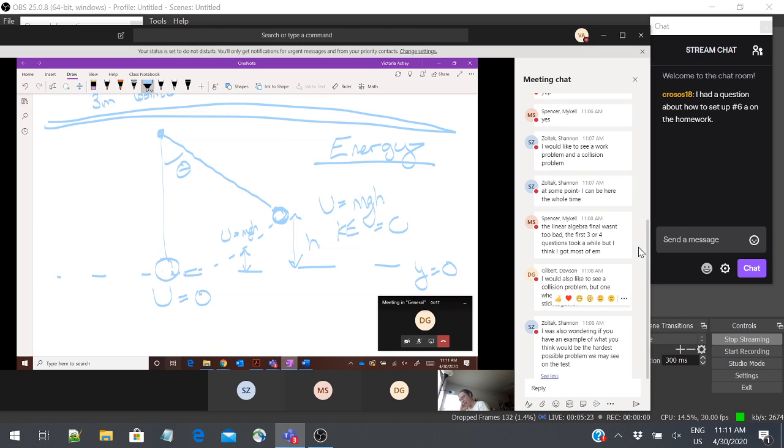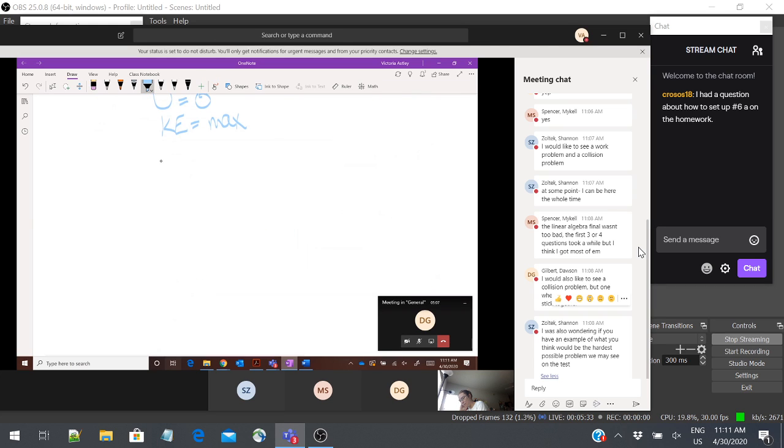Kinetic energy is 0 out here, maximum down here, and the same thing as it goes out this way. The equation for pendulums is, I believe, on your formula sheet, but you have to realize that it's only for pendulums. I've seen students try to use it in all kinds of strange ways.